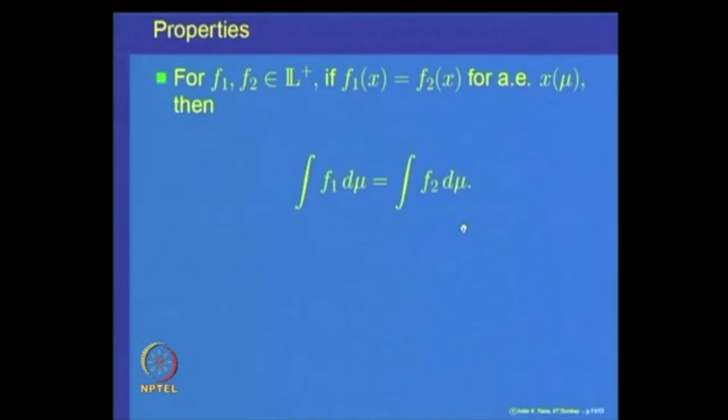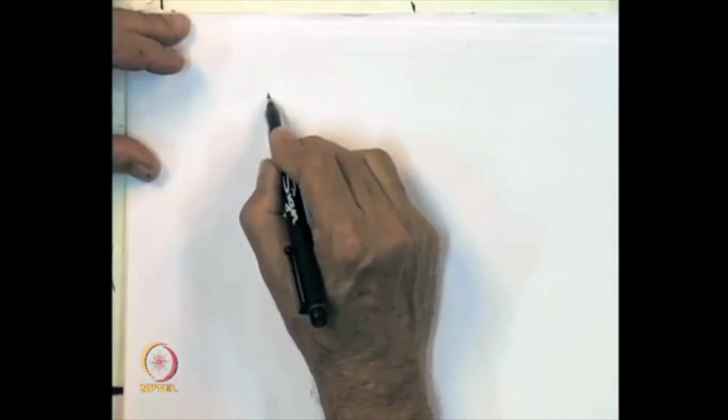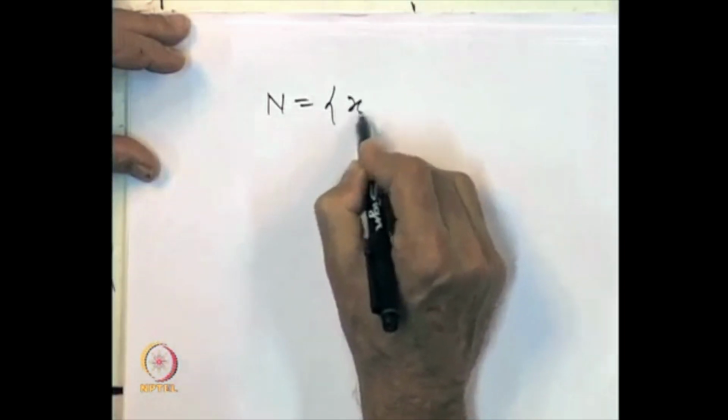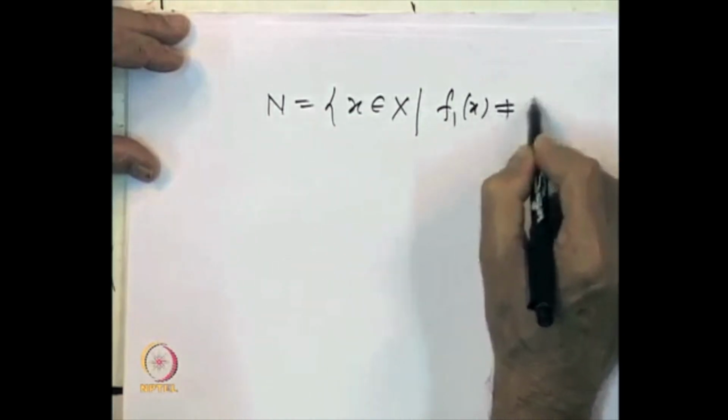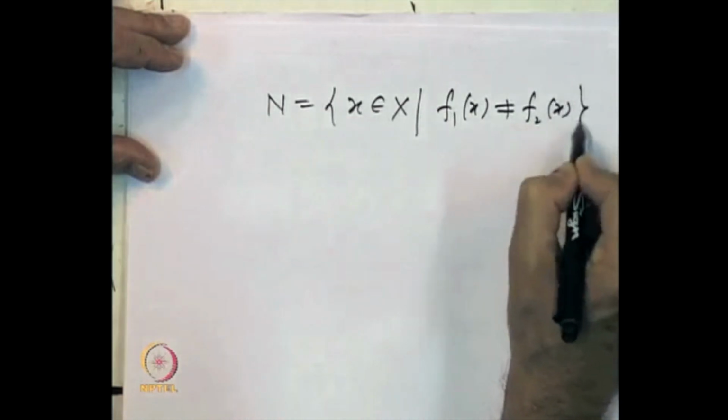So that property is quite obvious, because let us write the set N to be the set of all x belonging to X where f1(x) is not equal to f2(x).